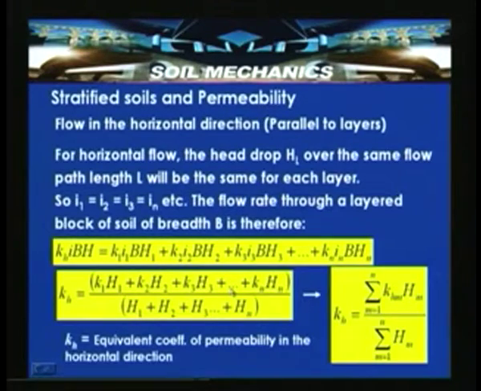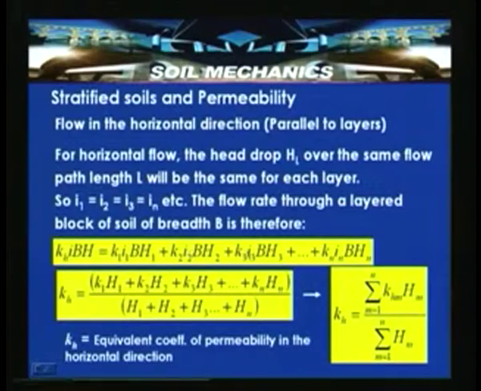If you have 4 stratified layers, H is equal to H1 plus H2 plus H3 plus H4, or for n layers, H is the total thickness of all the layers, H1 plus H2 plus H3 plus H4 to Hn.